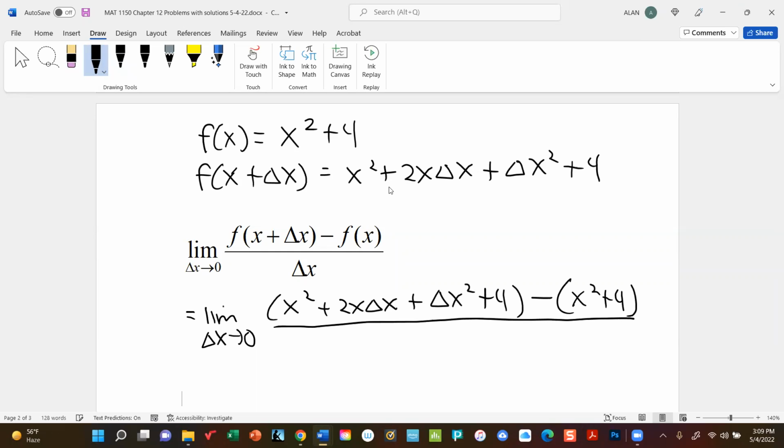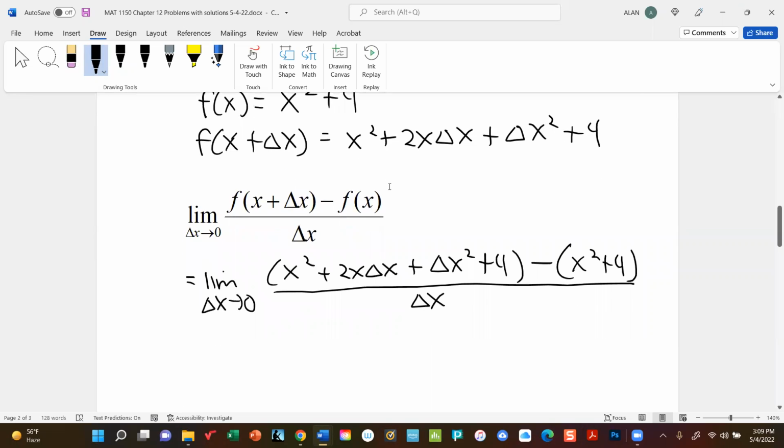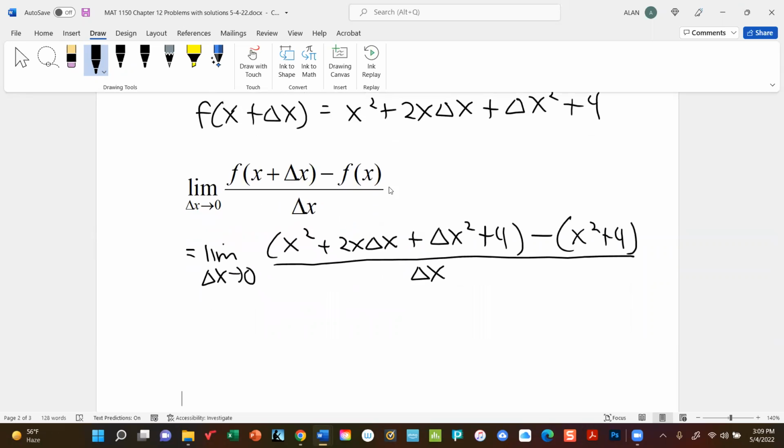Now, often the delta x will cancel out with some of these terms, which will make things a lot simpler. So let's see if that happens here. I'll just drop the parentheses. It means I'll have minus x squared minus 4.